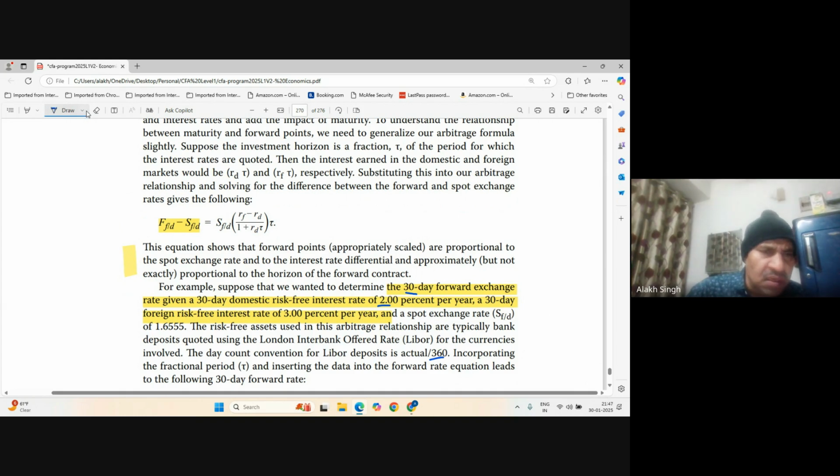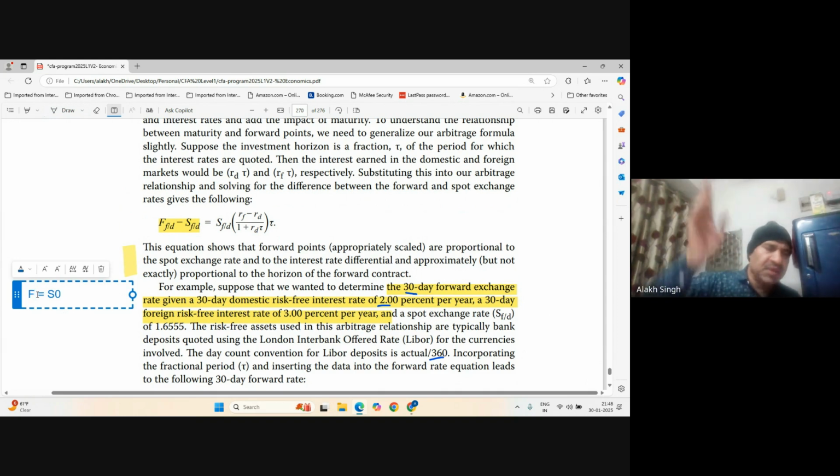Let's calculate ourselves. FT is equal to S0, and we have actually currency D by F. If it is D by F or F by D, we will just take the reciprocal.